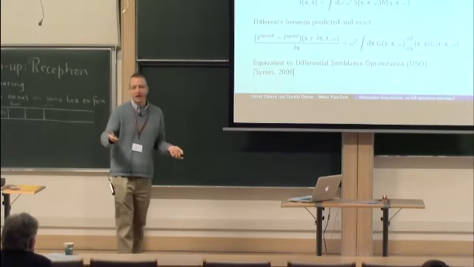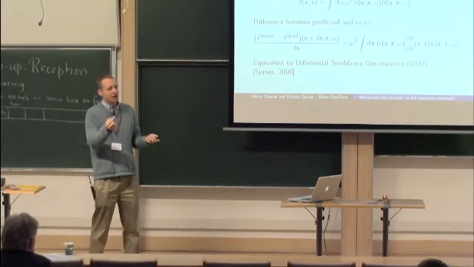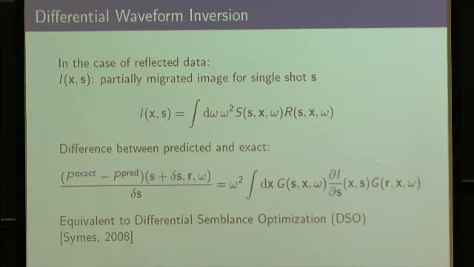And in fact, this is the idea of migration velocity analysis. So you could introduce the derivative of I with respect to the shot position, and say that for a correct model, the norm of the derivative should be a minimum. This is exactly the idea provided by Bill Symes some years ago. What is differential semblance optimization?